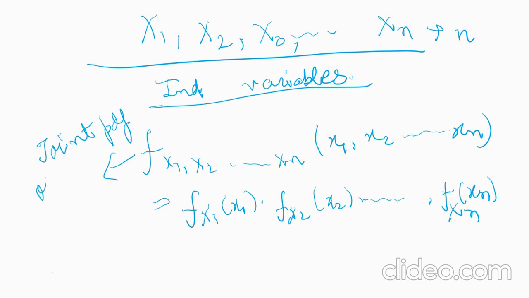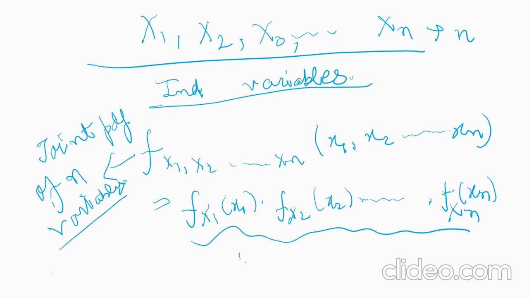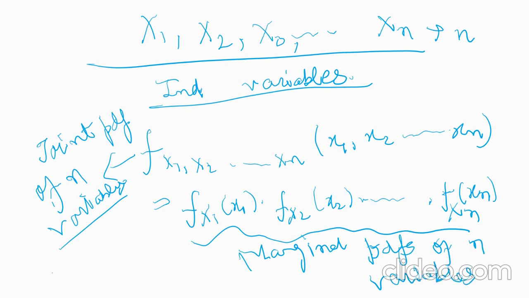At this point of time, we have the joint PDF of x and y, the marginal PDF of x, and the marginal PDF of y. Now let's say that we have not just two variables, we have n number of variables, or multiple number of variables.